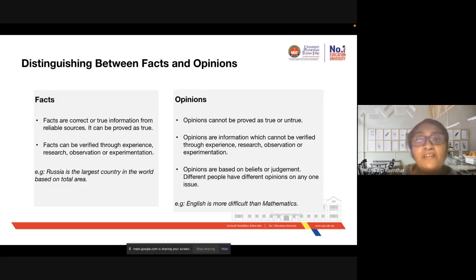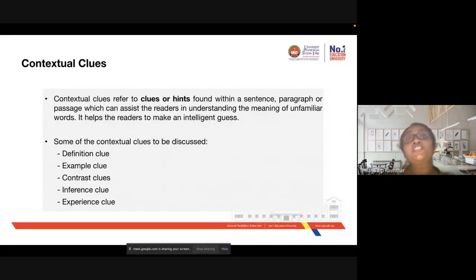Usually opinions are based on personal emotion, personal belief and judgment and so on. Understanding whether it's a fact or opinion will help you understand the intention and purpose of the author. Sometimes when the author is trying to imply something, you need to negotiate the message being said in the paragraph. So this will help you tackle these types of questions.